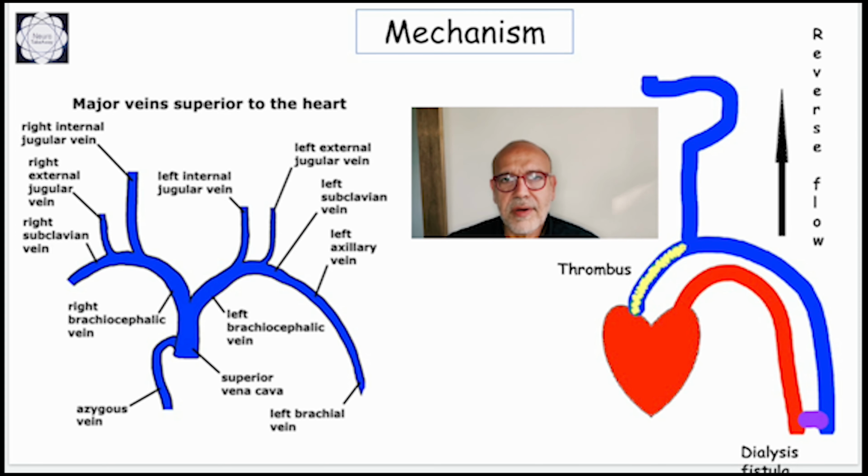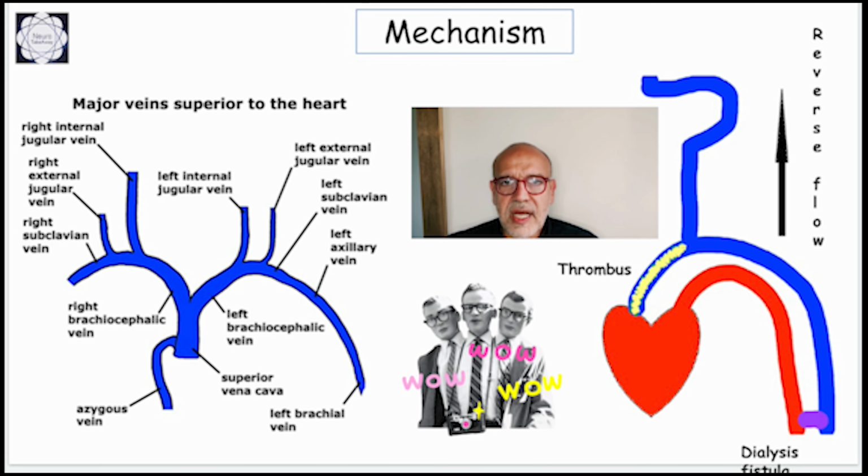Well, to complete our insight of this case, we have to remember venous anatomy. Here on the left side, you have a graph that represents this anatomy. We have the left brachial vein that continues with the axillary and subclavian veins that receives the flow of the external and internal jugular veins to form the left brachiocephalic vein, or the innominate vein, that unites with the other side one to form the superior vena cava.